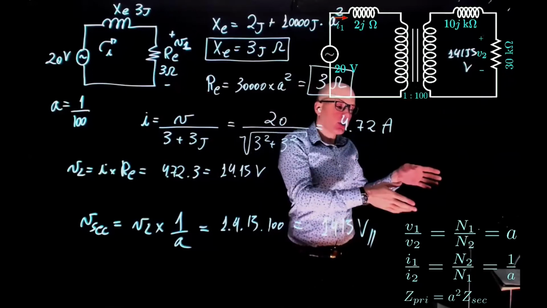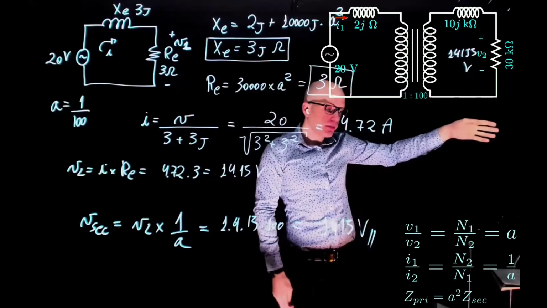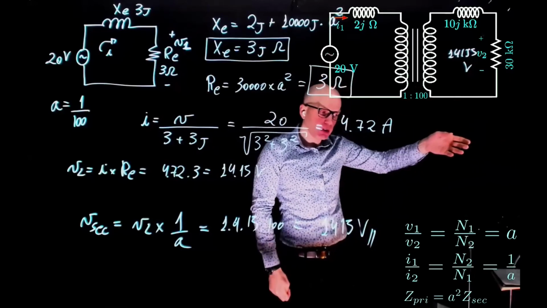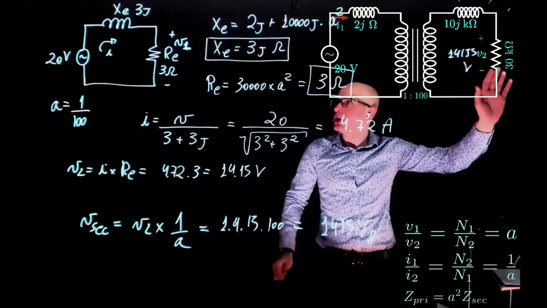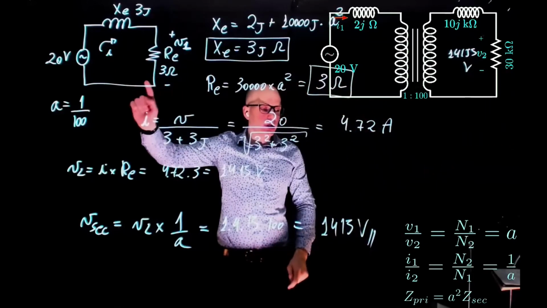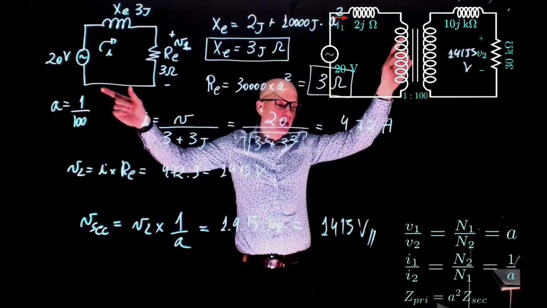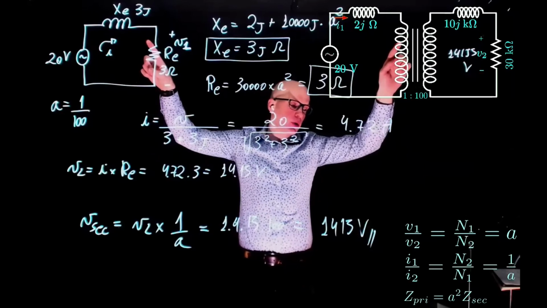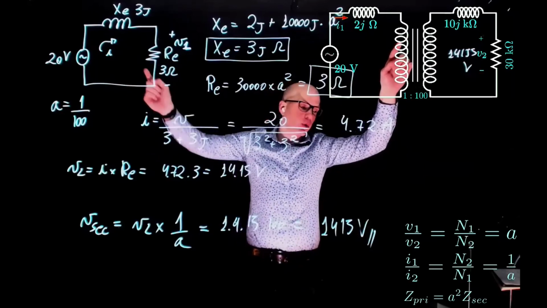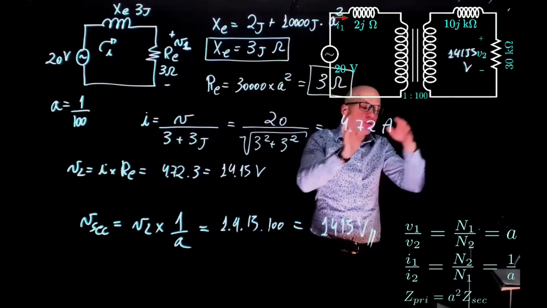Or we go with the other option you suggested earlier: we find the current in the secondary, and from that current we find the voltage across the load. Or, once again, have another resistor here in series on the primary side. This is still your load, so it should still hold if you find the voltage across the load on the primary, and then only transfer that portion of the voltage to the secondary.